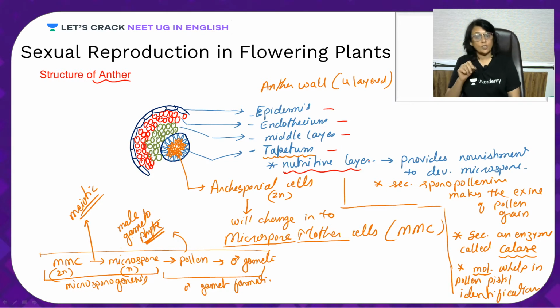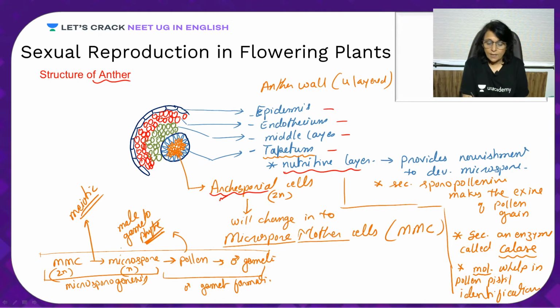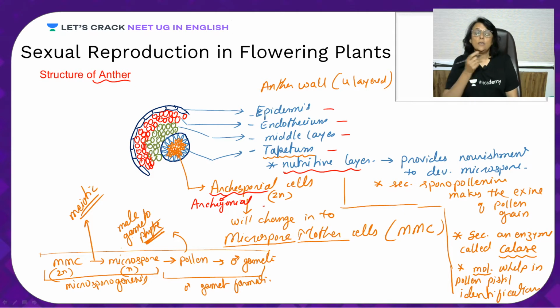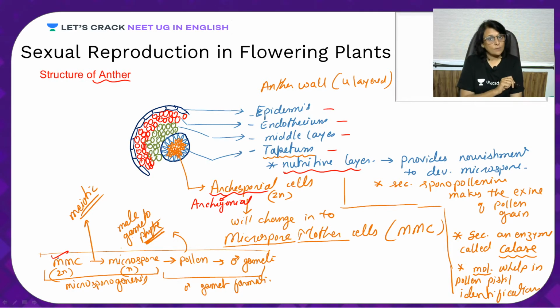It provides nourishment to the developing microspore, and here inside there are these archesporial cells, diploid cells. They are the ones which actually will give rise to the microspore. Now, microspore mother cells will be formed from these same archesporial cells, and they give rise to microspores.